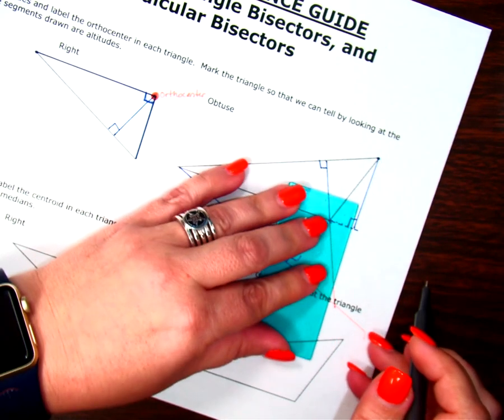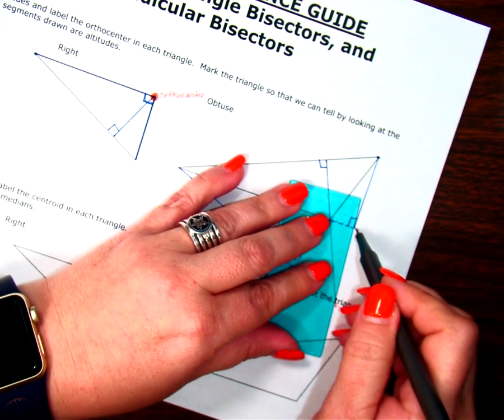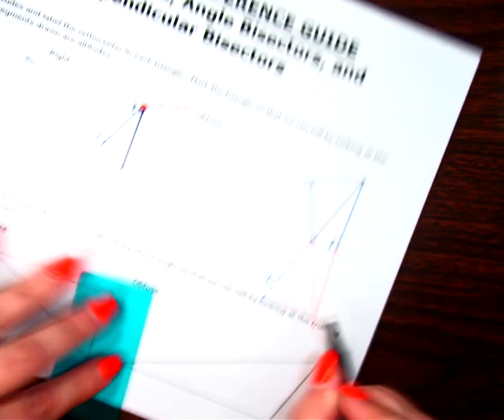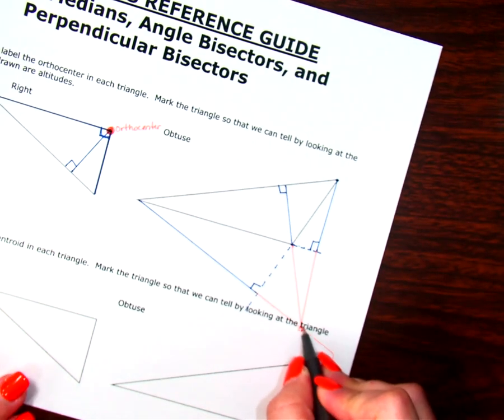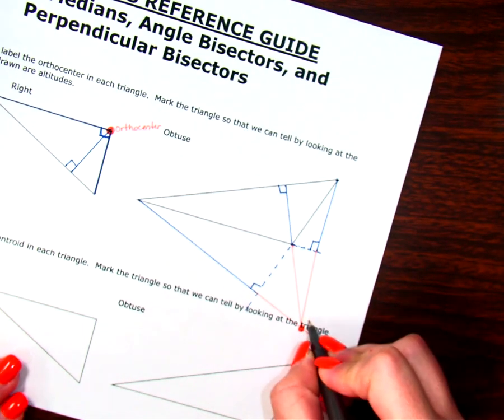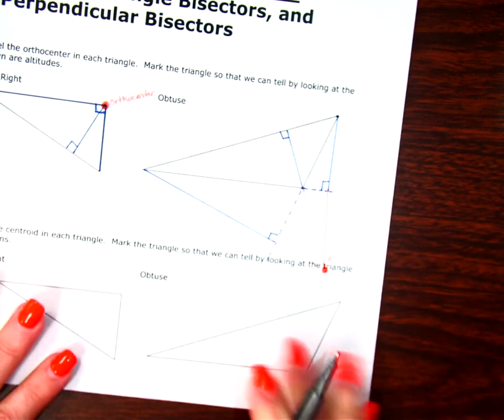Oops, I must not have drawn a good, must not really have 90-degree angles. We're going to kind of fudge it. Okay, so here is my orthocenter.